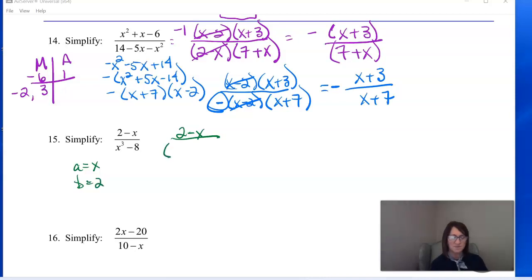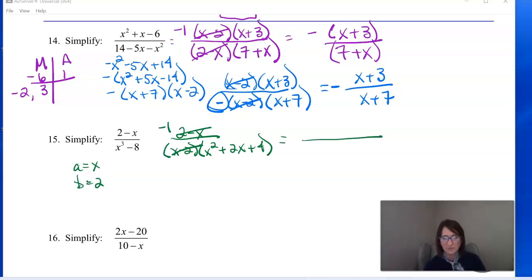That is going to be x minus 2 times x squared plus 2x plus 4. So my 2 minus x in the numerator and the x minus 2 reduce to negative 1. My final reduced rational expression is negative 1 over x squared plus 2x plus 4.